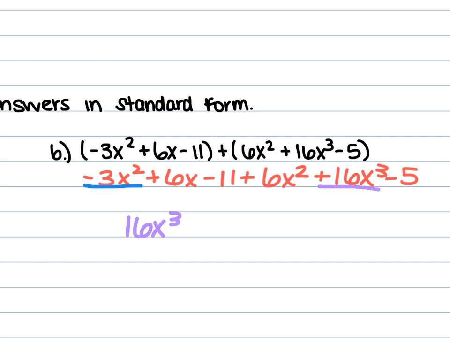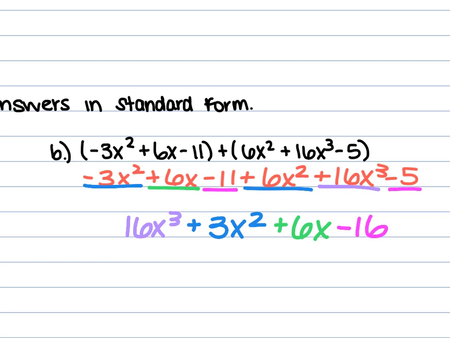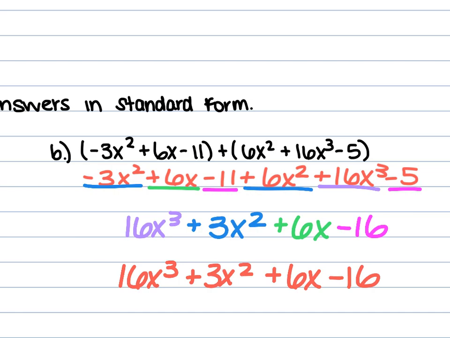Then we have the negative 3x squared plus 6x squared, which is going to give us a positive 3x squared. Next we have this positive 6x, which doesn't match up with another x, so we're going to just drop that down. And then we have the negative 11 minus 5, which is negative 16. So altogether we have 16x cubed plus 3x squared plus 6x minus 16.